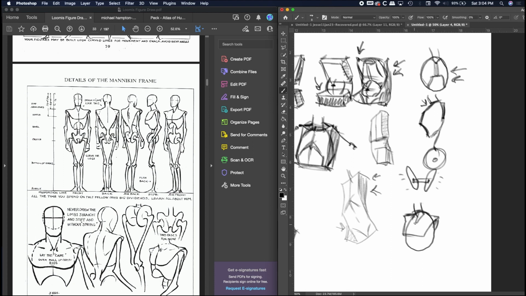So he's got this shape that just sits on top and helps us visualize how the pectoralis relates volumetrically to the rib cage. And he uses the same center line for it.